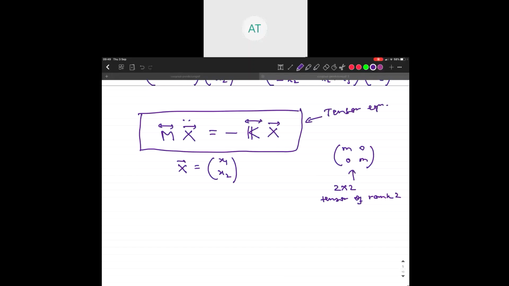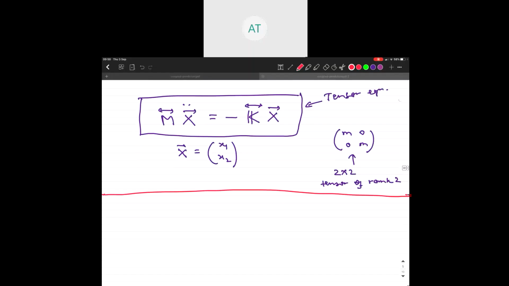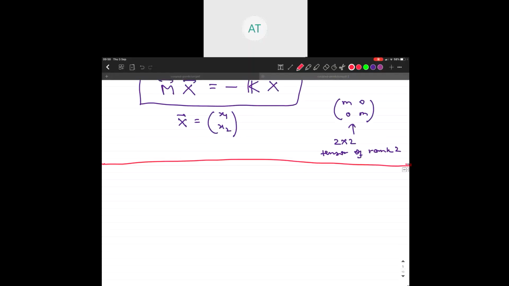So just to recall how we can have higher rank tensors, let us imagine a higher rank tensor. Take an example from that ML problem.